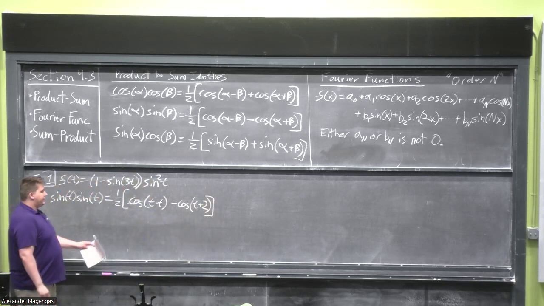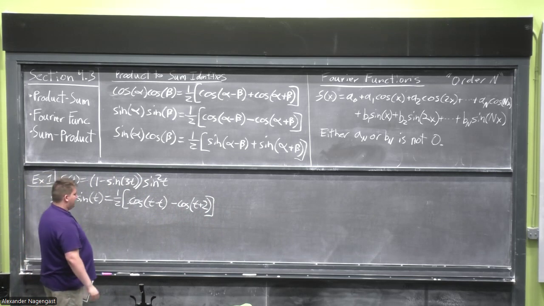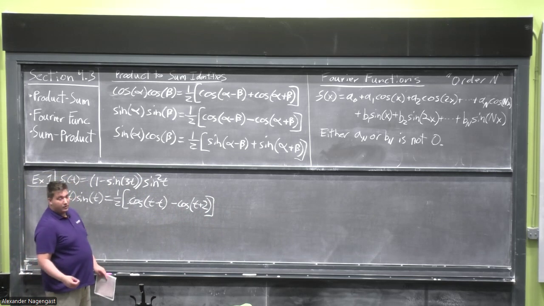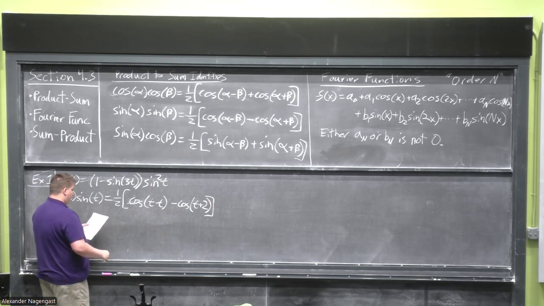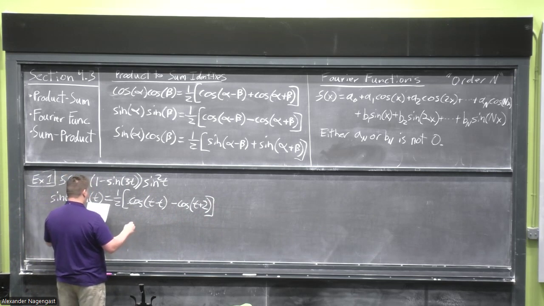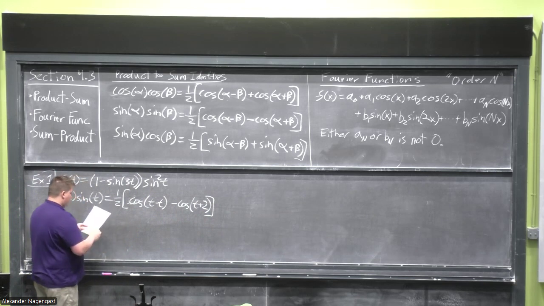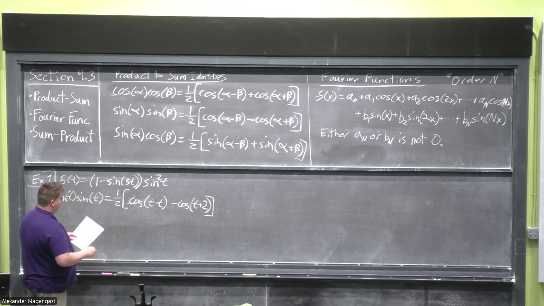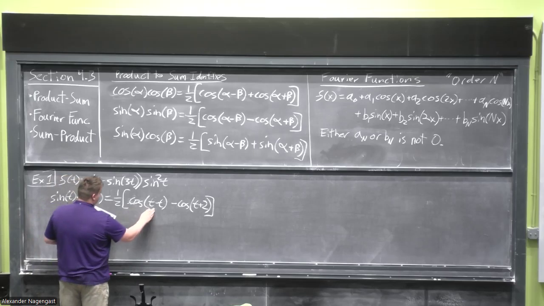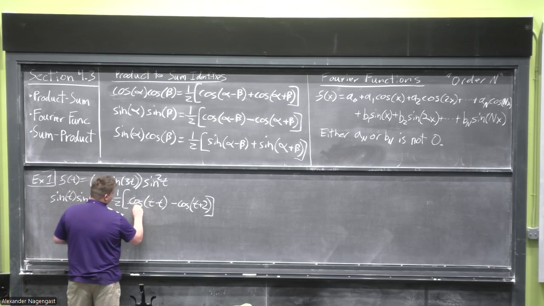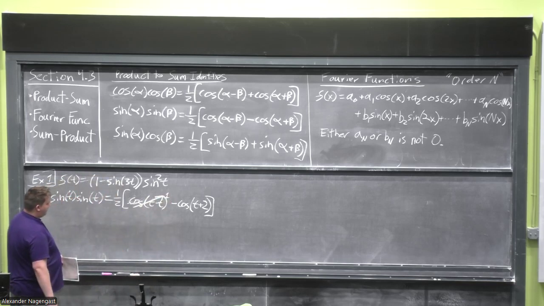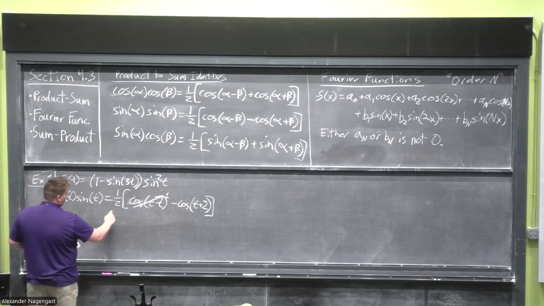Now, t minus t is 0. Cosine of 0 is, oh, sorry, is 1. Cosine of 0 is 1. So what we can instead write this as 1, which then we can distribute the 1/2.